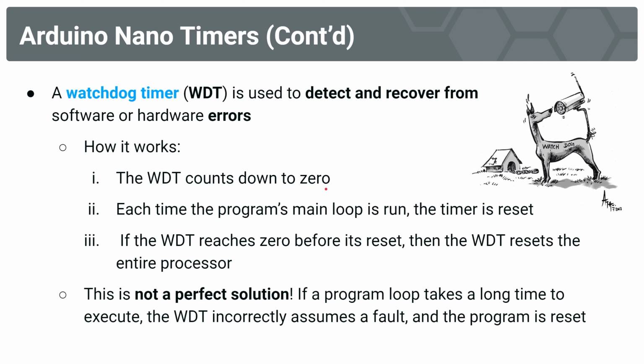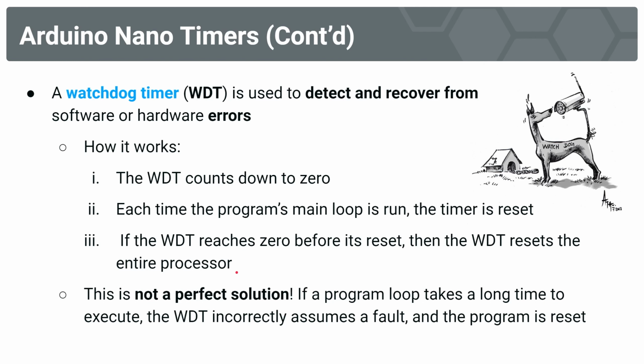And each time the program's main loop is run, the timer will be reset. So what happens if the WDT, the watchdog timer, counts down to 0 before the main loop finishes running? Well, then the WDT will reset the entire processor.